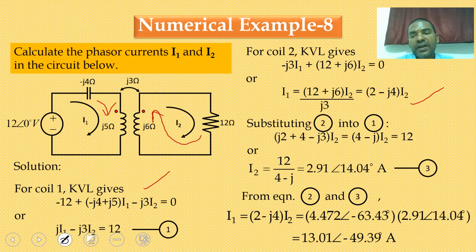So finally you can get 4 plus j into I2 is equal to 12, or I2 is equal to 12 divided by 4 minus j1. So finally you can get 2.91 at an angle of 14.04 amperes. So once you calculate the I2 value, substitute in I1 is equal to 2 minus j4 I2. So if you substitute, finally you can get the I1 value is 13.01 at an angle of minus 49.39 degrees.